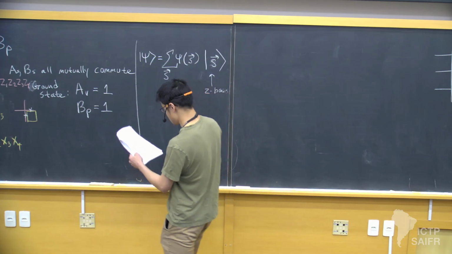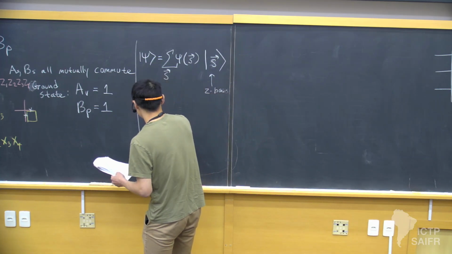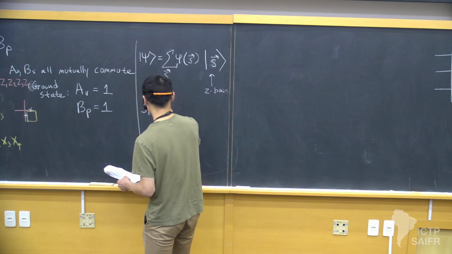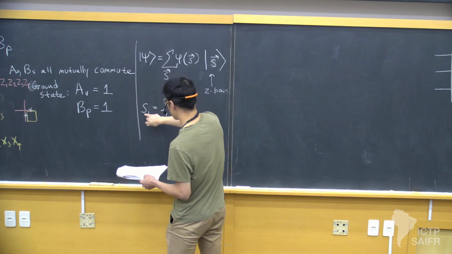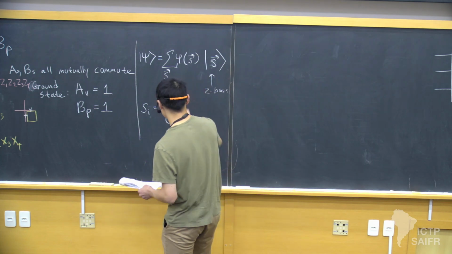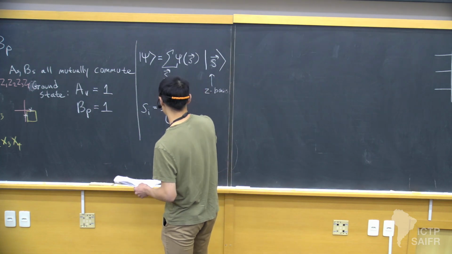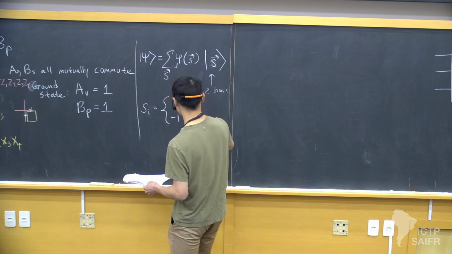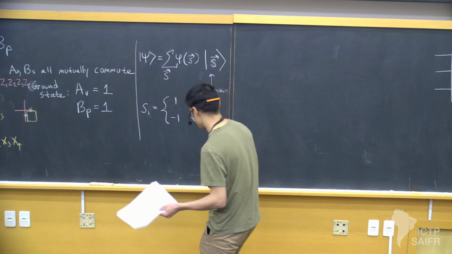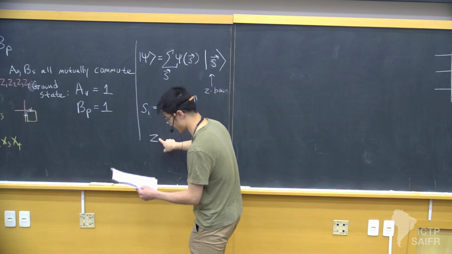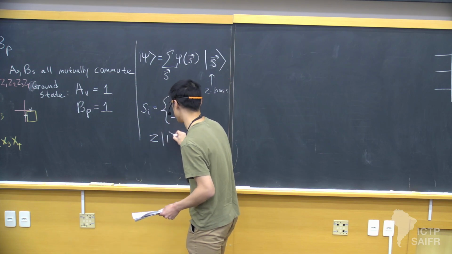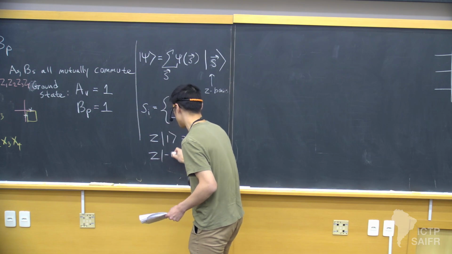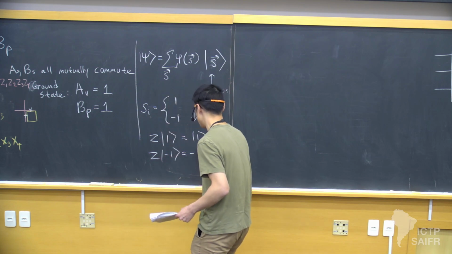I apologize for the slightly different convention, but it's just easier to use in this case. S at a given site, I'll label by 1 or -1. So this will be the usual spin up or spin down. Concretely, the Z operator acting on the 1 state gives 1, and the Z operator acting on the -1 state gets a minus sign.